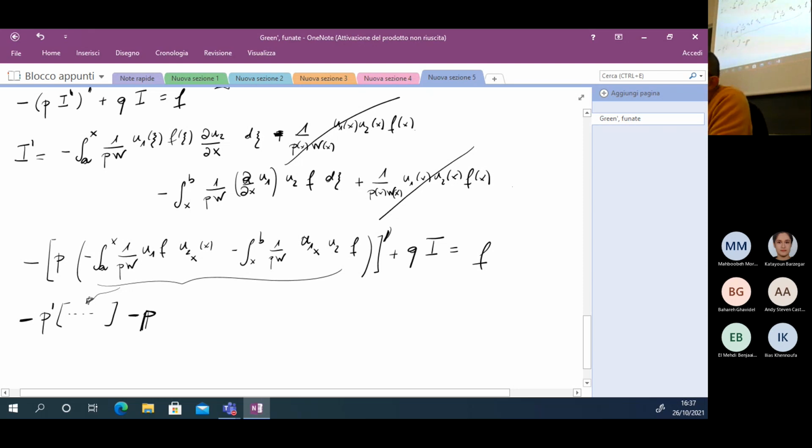So we have to use another time the Leibniz rule. If I use another time the Leibniz rule, what I found is minus the integral between a and x of 1 over p w u1 f u2'(x).